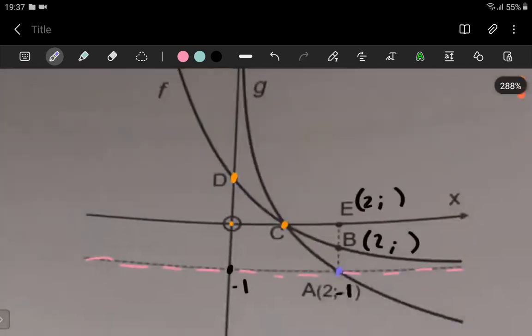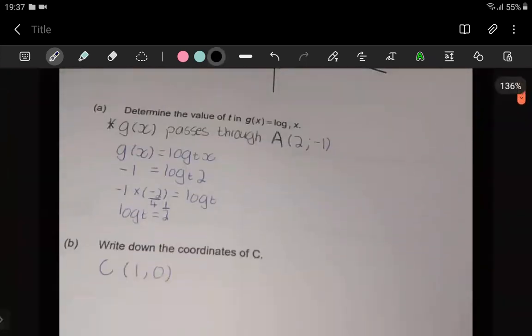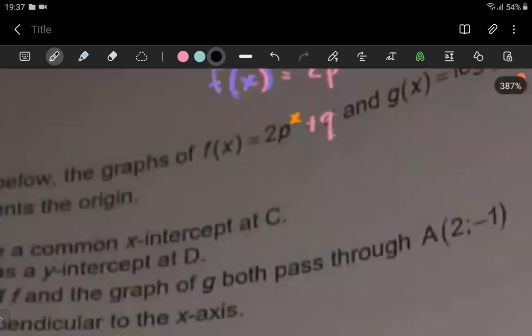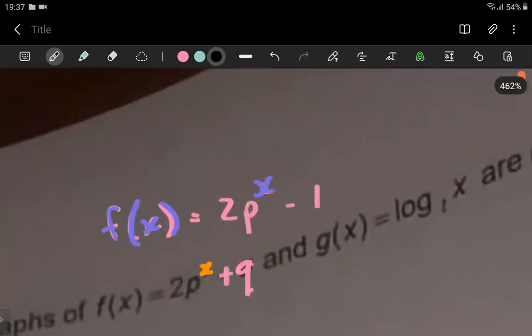That's how you're going to work out P. Remember, we have this common coordinate over here, which you worked out to be 1 coordinate 0. This same coordinate can be used in this equation. So where y is, you can throw in a 0, and where x is, you can throw in a 1.